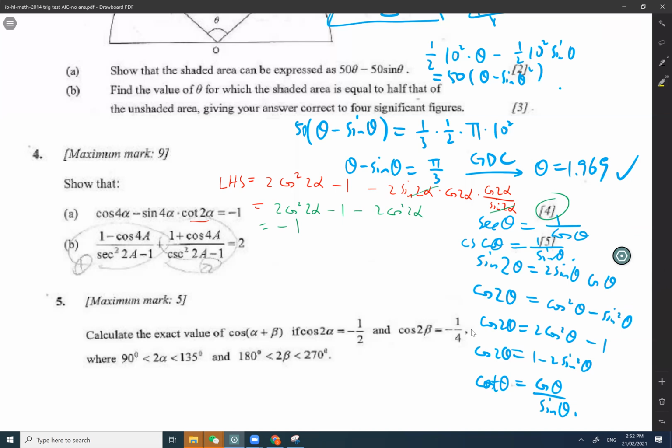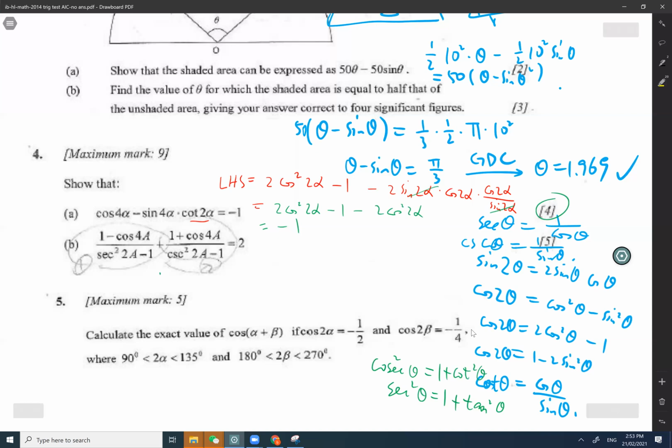Part B. Secant equals 1 over cos. Oh, we have another formula. Secant squared equals 1 plus tan squared. Cosecant squared equals 1 plus cot squared.